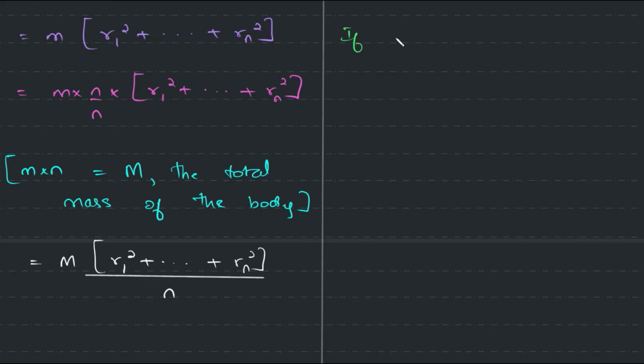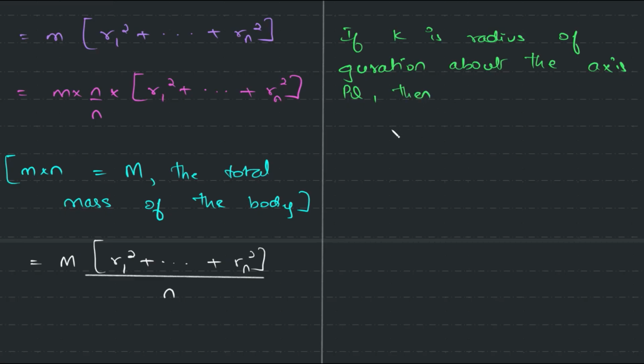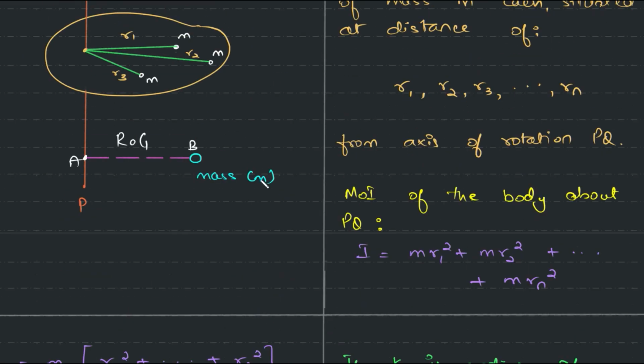Now, if k is the radius of gyration about the axis PQ, then I will be equal to Mk square. So basically I'm calling this M, and that's k.